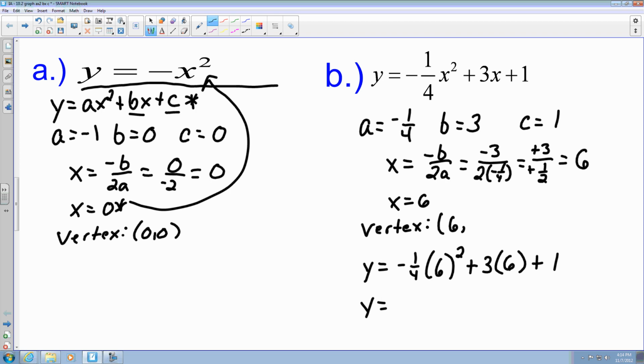I am going to do some multiplication where 6 squared is 36, times negative 1/4 will give me negative 9, plus 18 plus 1. So y equals 10. So my vertex would be 6 comma 10.